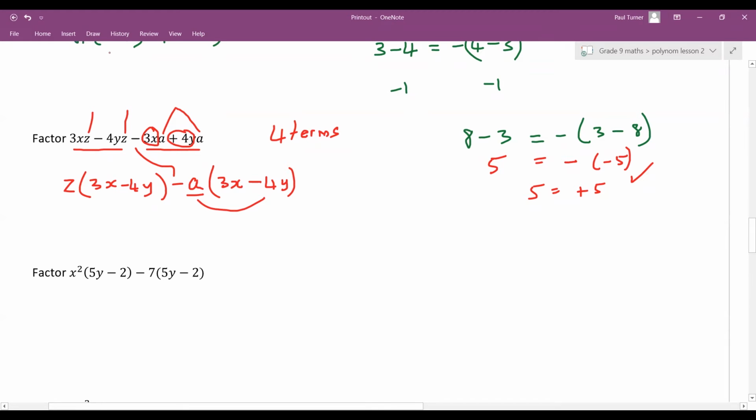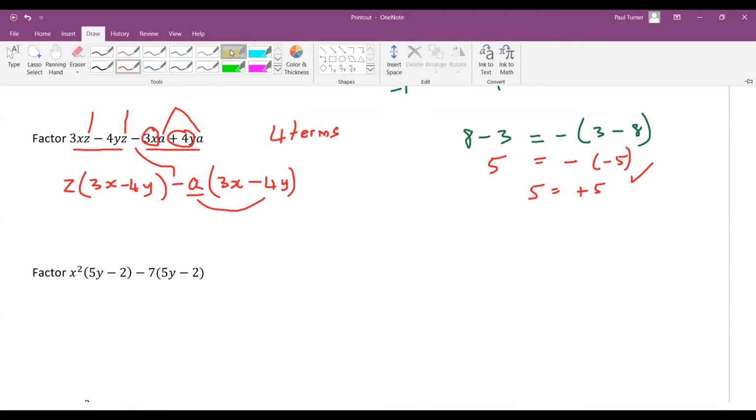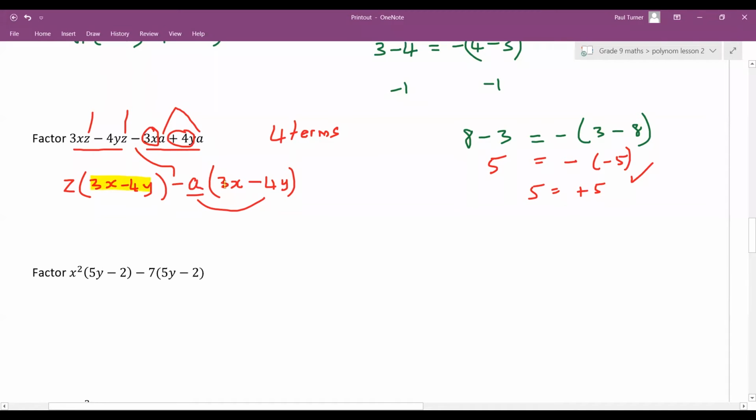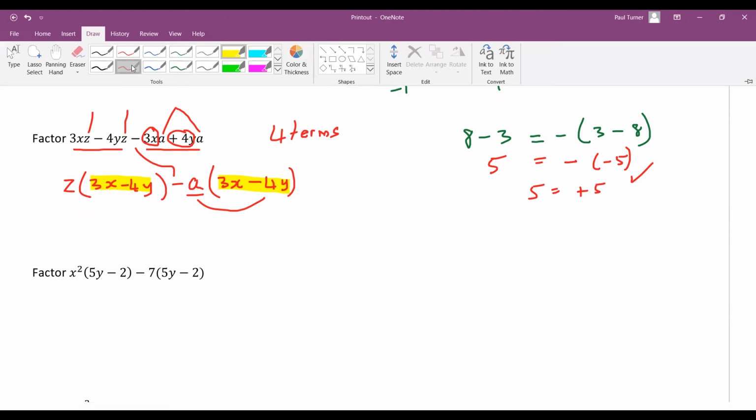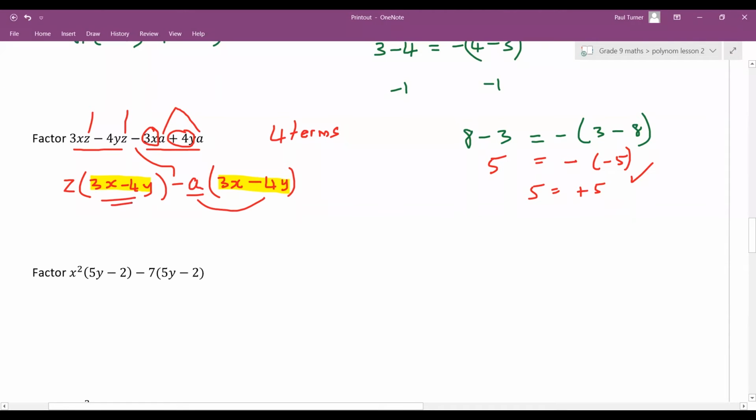Okay. Now what should happen is that actually these should be the same. So if you just write plus here, you can think you made a mistake because it should be the same as this sign here. It needs to be the same. So you're going to have your common factor, which is 3x minus 4y.